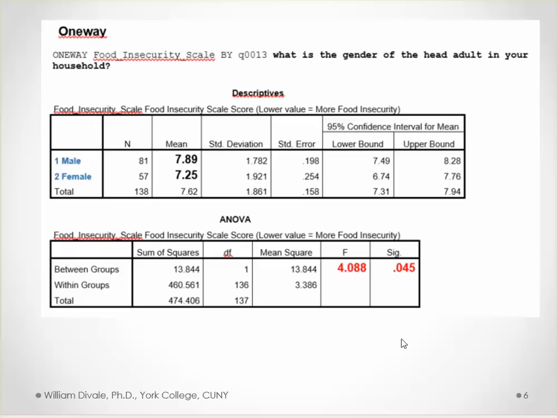And again, if we look, the F score is 4.08, and the probability of that F being due to chance alone is 0.045, which means it's only 4.5% out of 100. So it is below the 5% level of significance, so we would reject the null hypothesis that it is due to chance and say that female heads of households do experience more food insecurity than do male heads of households.